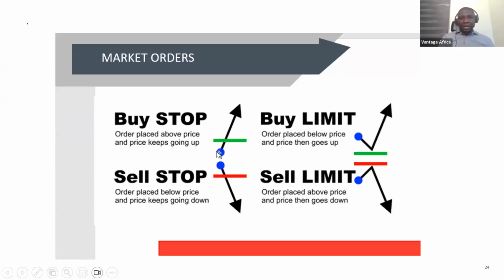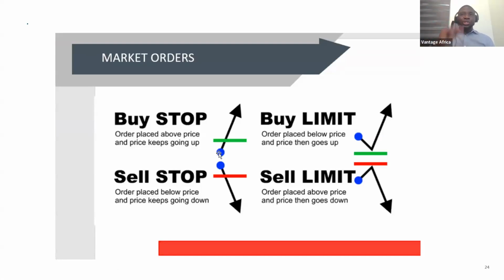So price is currently here and it's been buying. But now you are expecting that price will continue to buy even beyond the green level, the green area. So you place a buy stop order there in expectation that when price gets to that level, it will break beyond that level and keep going forward. So in that sense, it's a continuation order.